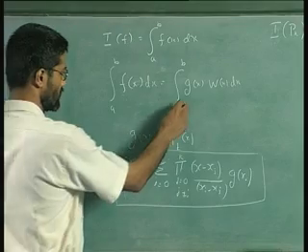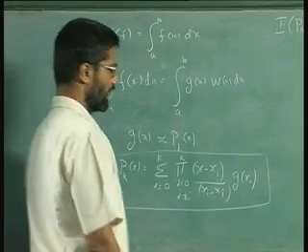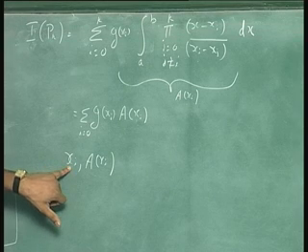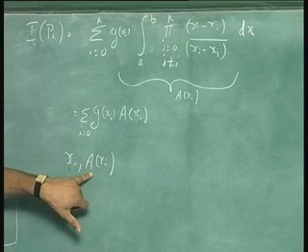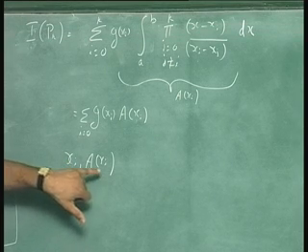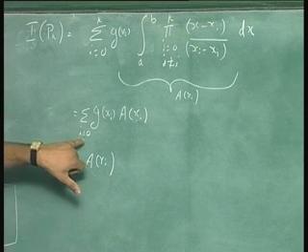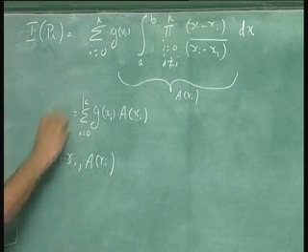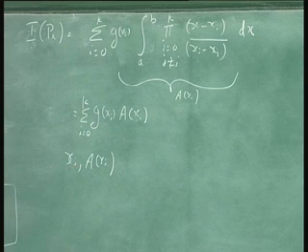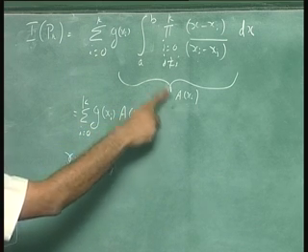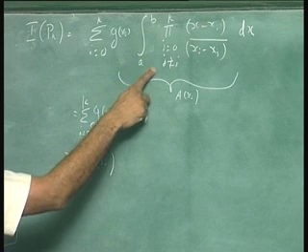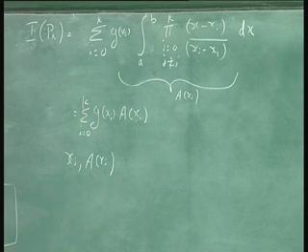So, if you know g of x and if you are given a set of points xi and its weights a of xi, then I can write the integral as sigma i going from 0 to k g of xi a of xi. Now note that a of xi is this integral, and that does not have the function value anywhere.